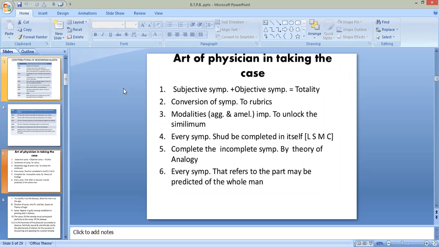So the key to the problem of complementary, inimical and antidotal remedies lies in similarity in some form, similarity of derivation or similarity of symptom grouping.